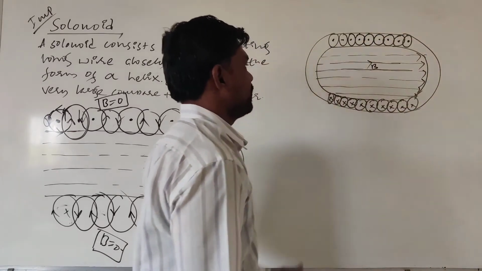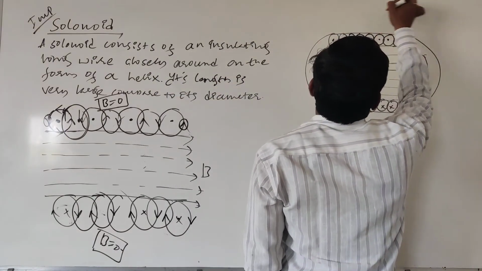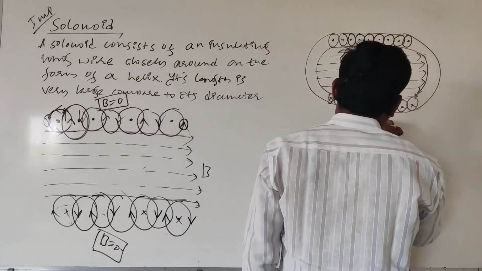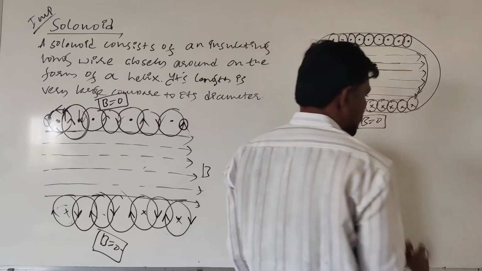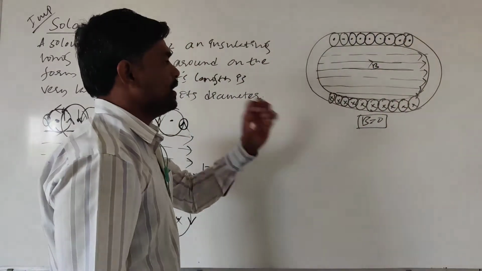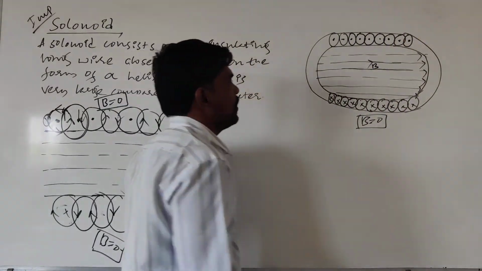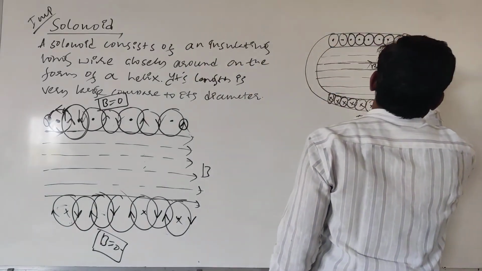See, we know already the magnetic field outside is 0. So when the magnetic field outside is 0, the direction of the magnetic field inside is in this direction.